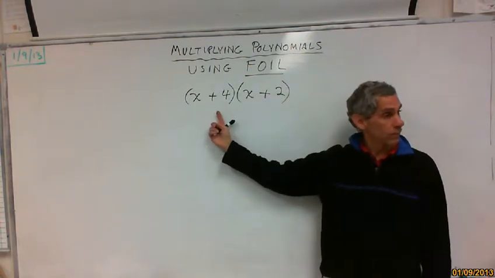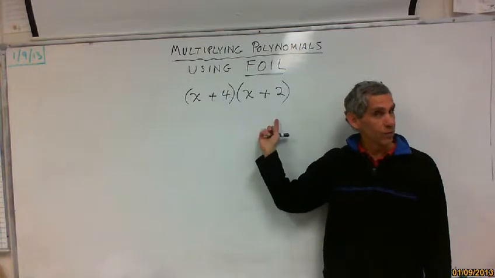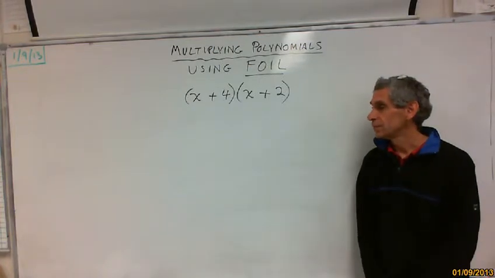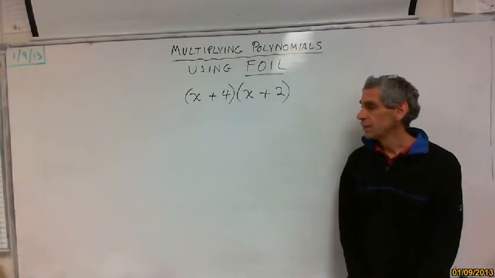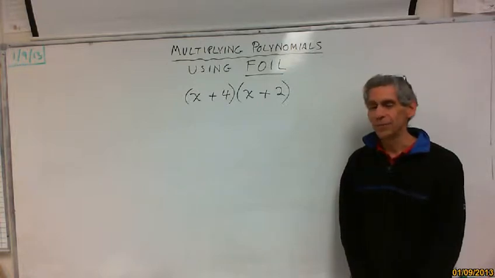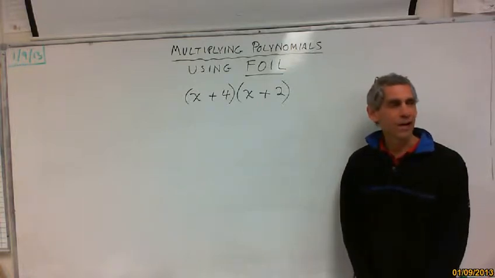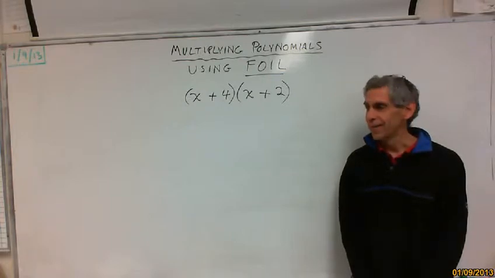So I have a binomial times a binomial. Yes? Is a monomial still a polynomial? Ironically, yes. A monomial is a polynomial. To me, that's a contradiction of terms, and I squeal every time I think of it that way. But technically a monomial is a polynomial.